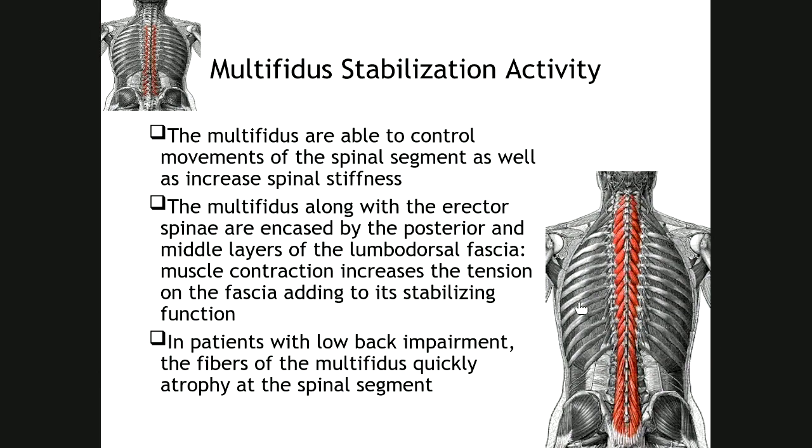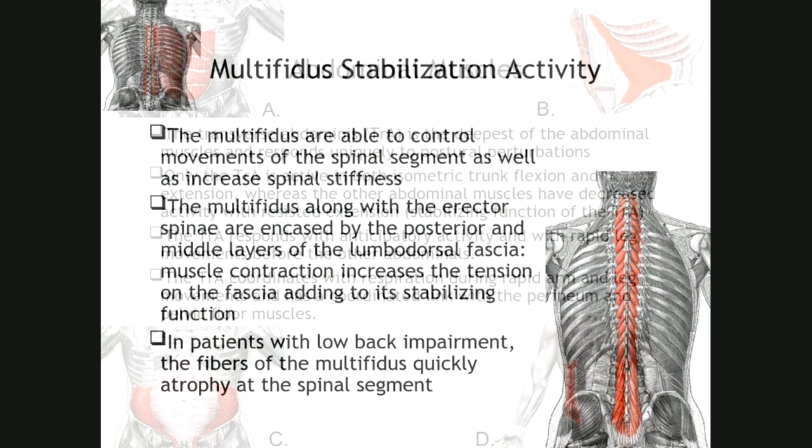The multifidus at L4, L5 is going to be the first one to atrophy because it is the area that is affected by the pathology that the patient is presenting with. Is that clear? Okay.